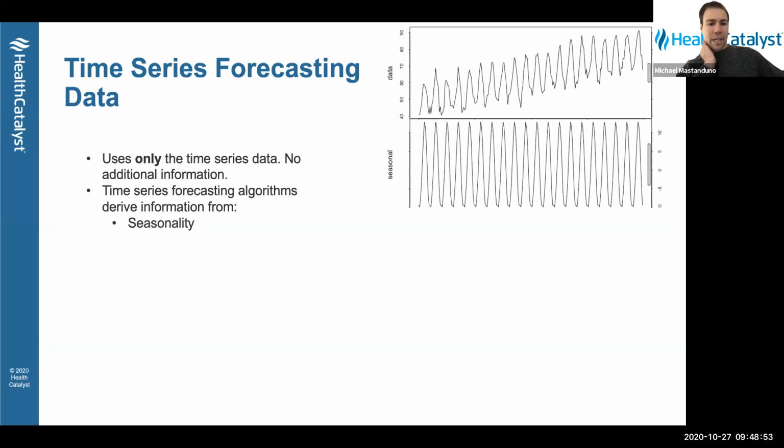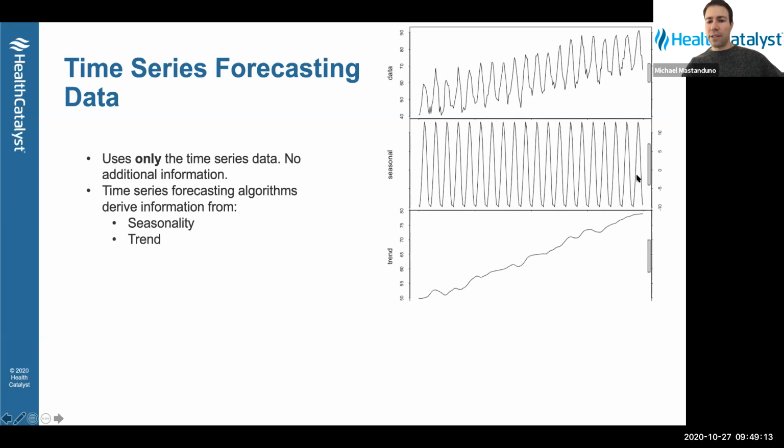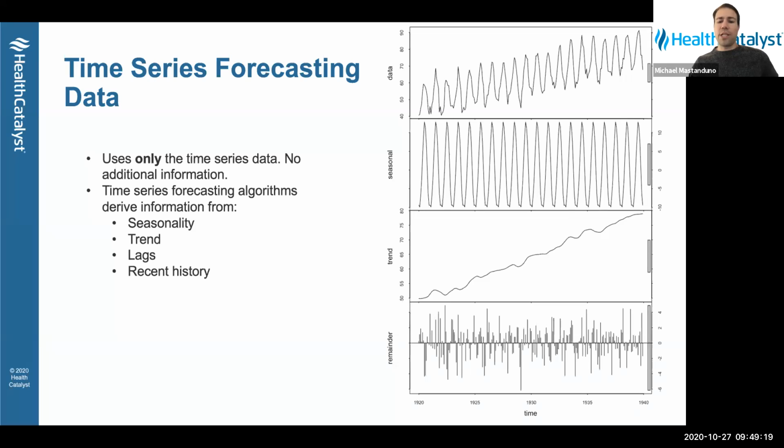And then the forecasting algorithms are going to pick apart that time series and decompose it into seasonality, for instance. If we have our data here, we can see it has this cyclical seasonality. Maybe that varies with day of the week or year, or season of the year, and the algorithms will figure that out. They'll see that it has an increasing trend. And then these algorithms will also get information out of lags.